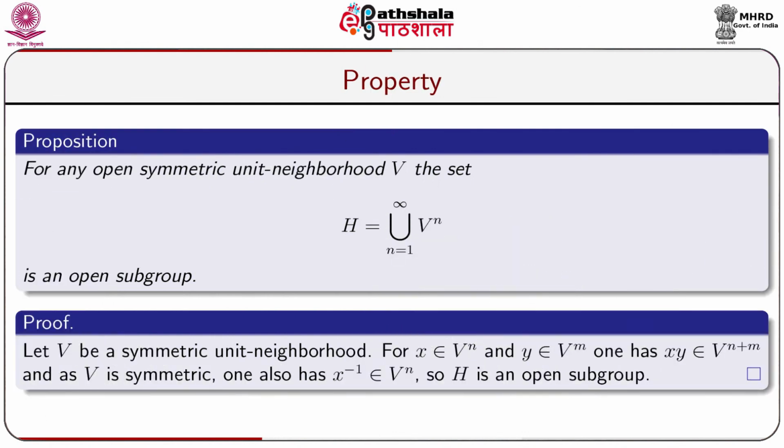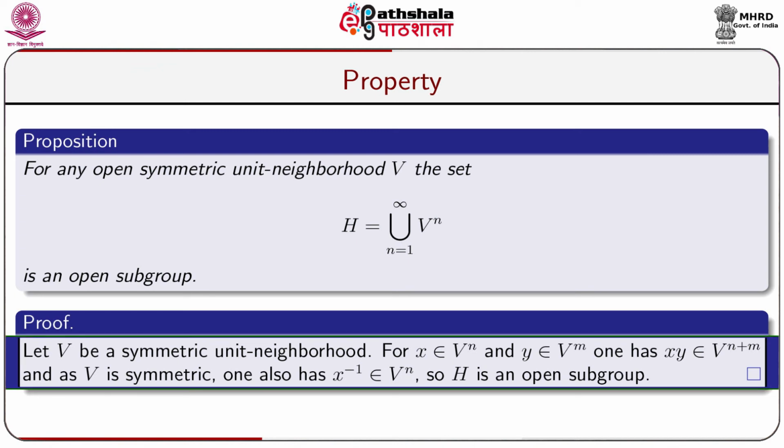Next, we prove that for any open symmetric neighborhood V, the set H equal to the union of V to the power n, where n is equal to 1 to infinity, is an open subgroup. To prove this, let V be a symmetric unit neighborhood, that means a symmetric neighborhood which contains the identity element.